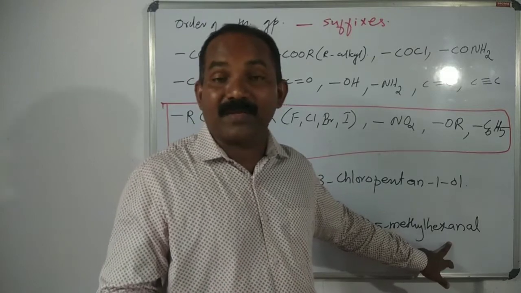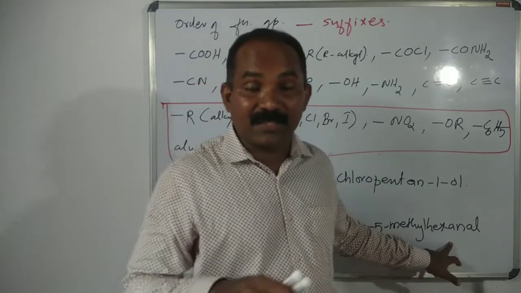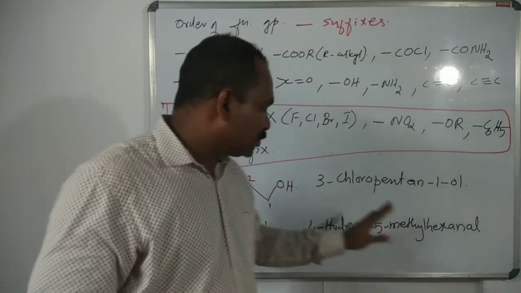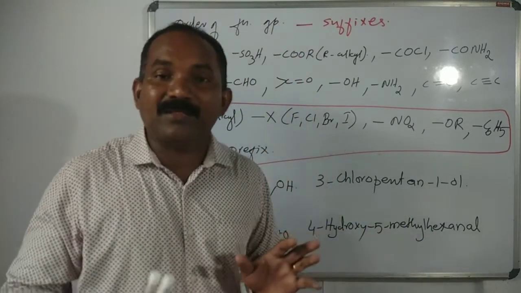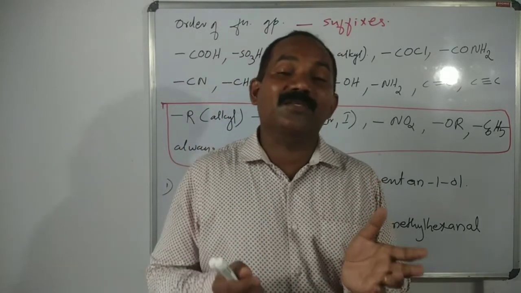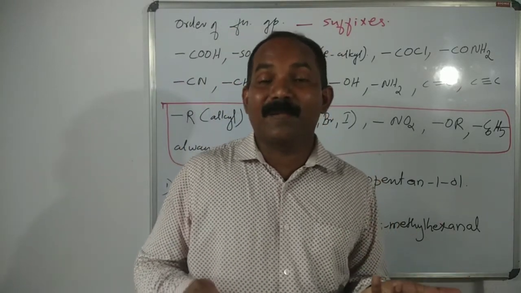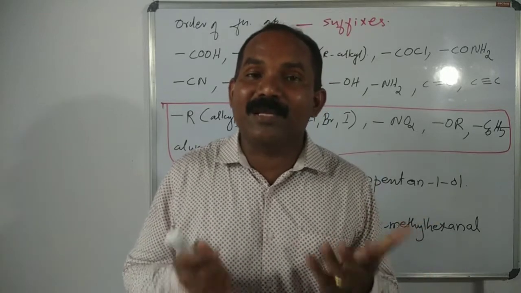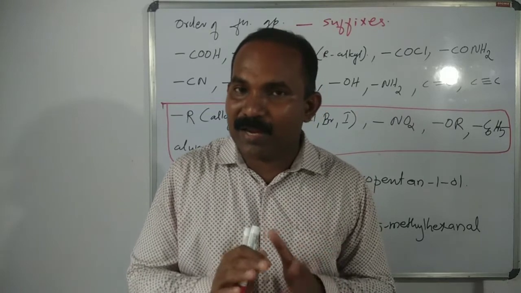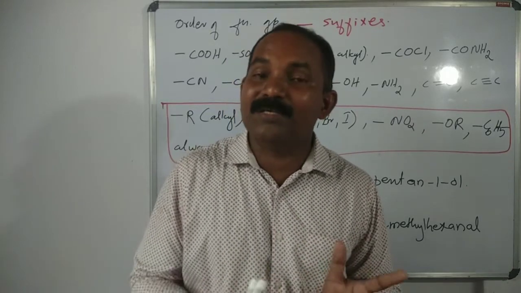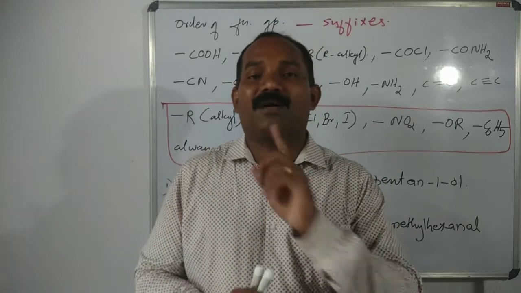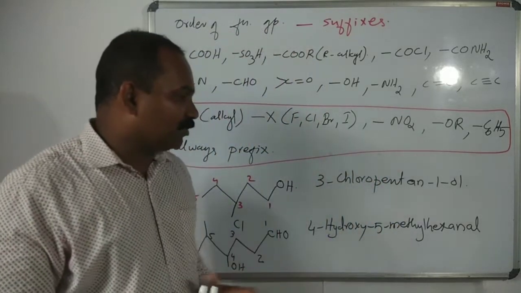Sometimes we write it, that is a special case. You will learn it in the plus two classes. Are you clear? In the case of aldehyde, the position is not represented because it is always at the first carbon atom.